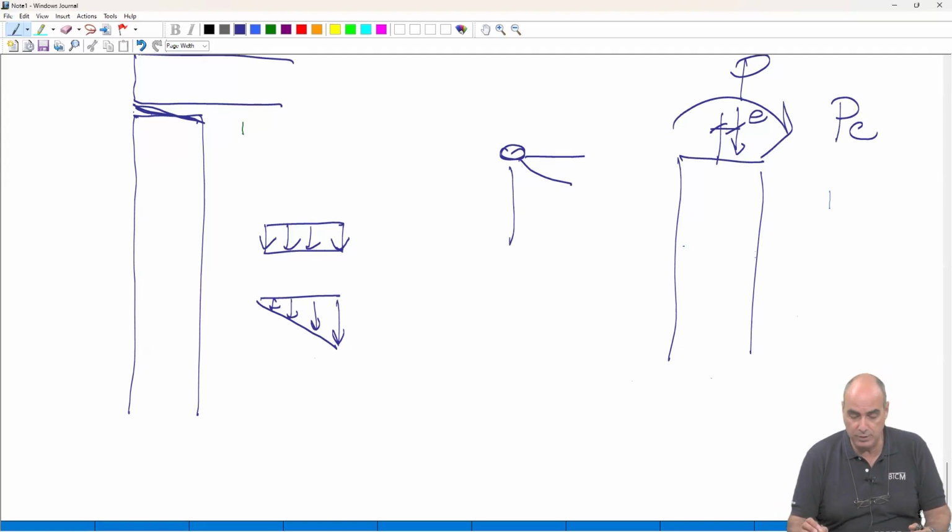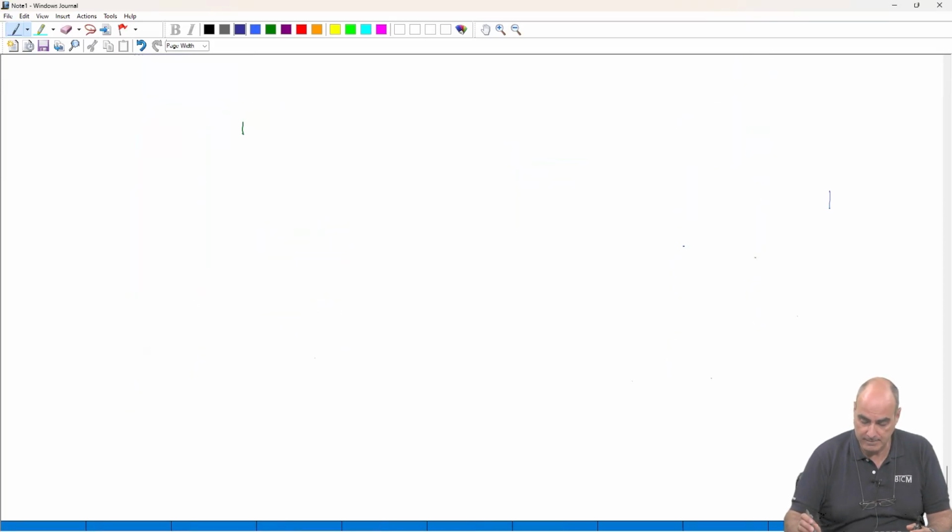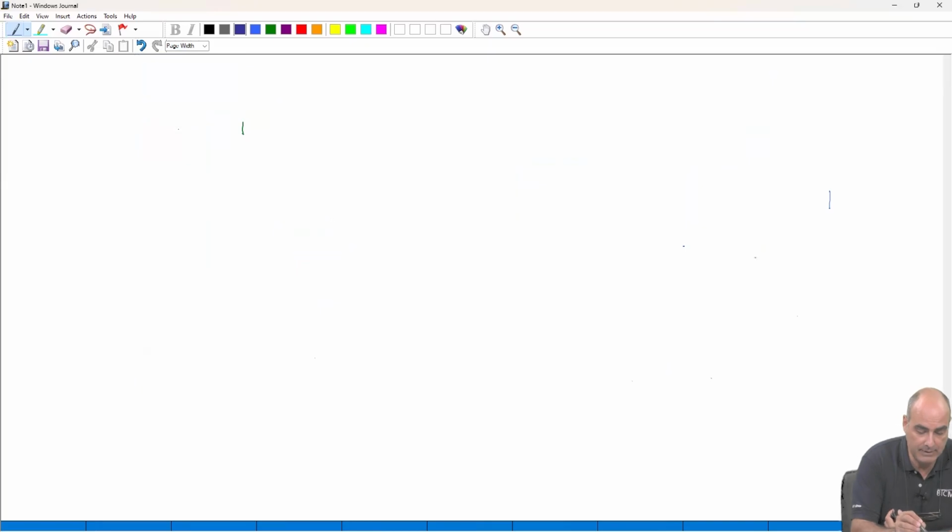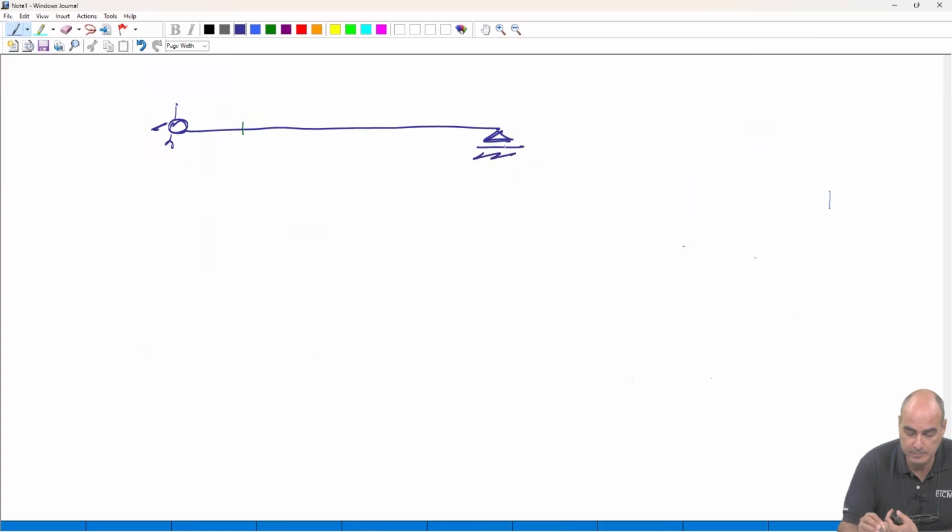So this means that you will have, now I draw it horizontally for the sake of simplicity, a force P here, and you can have a bending moment M like this here.